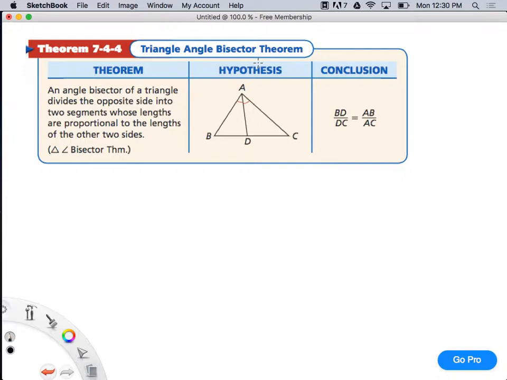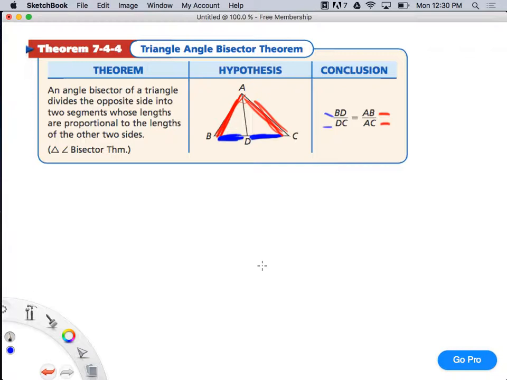So what does that mean? It means these two segments are divided proportionally to these two segments. So AB over AC is equal to BD over DC.